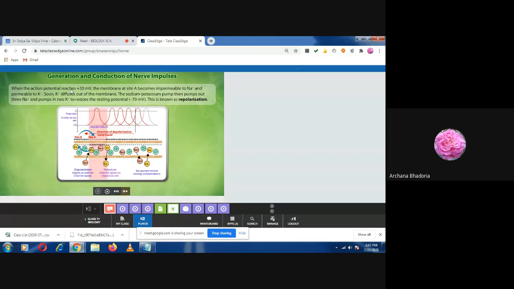And note down, when the action potential reaches plus 30 mV, the membrane at site A becomes impermeable to sodium. So what will happen? Now the sodium will not be entering inside, and it becomes permeable to potassium. So from outside the potassium will start moving inside. Impermeable to sodium ions and permeable to potassium ions.